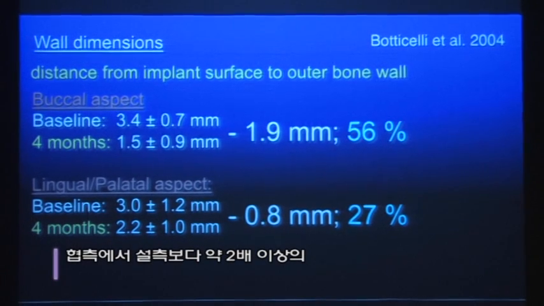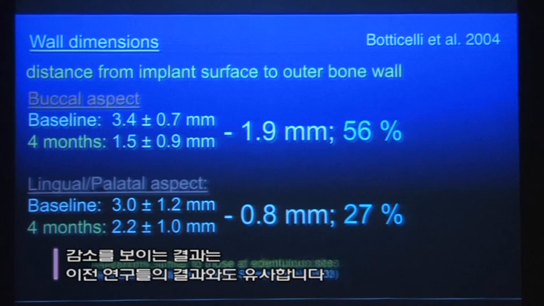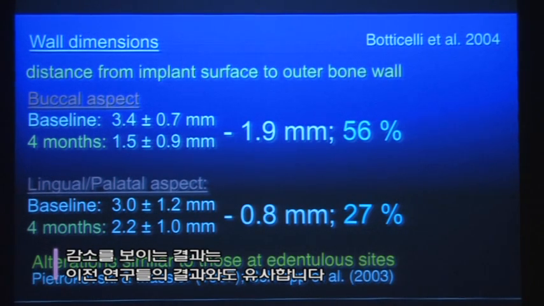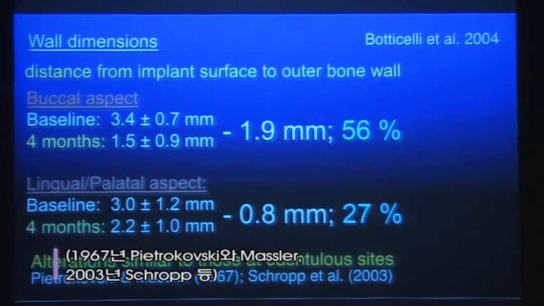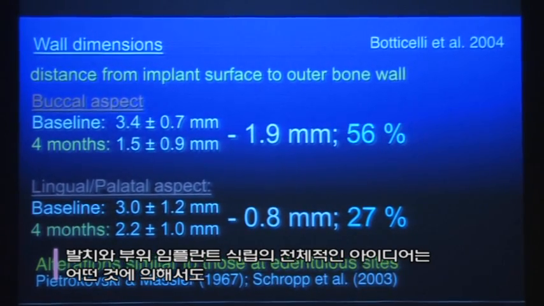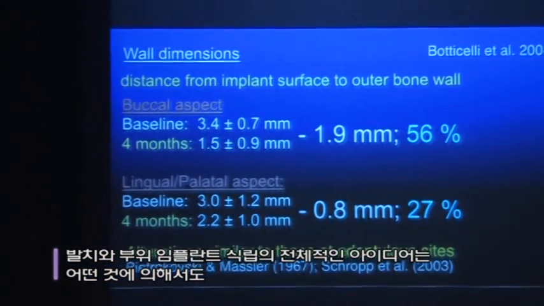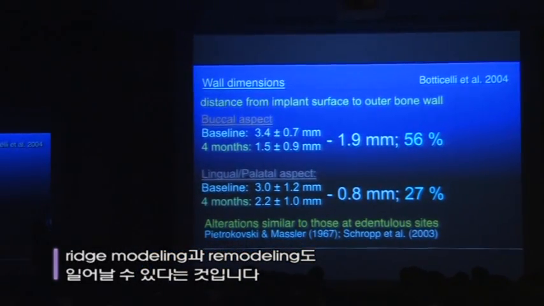That the resorption at the buccal surface is twice that of the lingual surface? Well, that was studied already and published by Pietrokovski and Massler in 1967. So again, you can see the whole idea that implant placement in a fresh extraction socket can counteract anything in terms of ridge modeling and remodeling is nonsense.